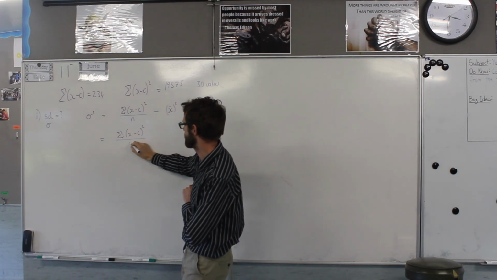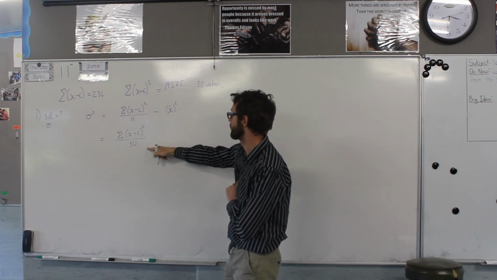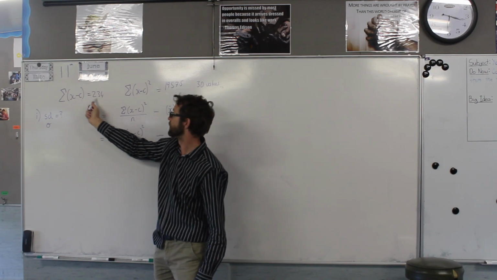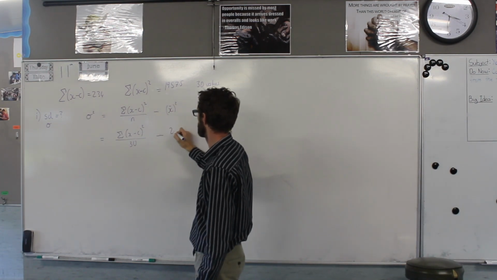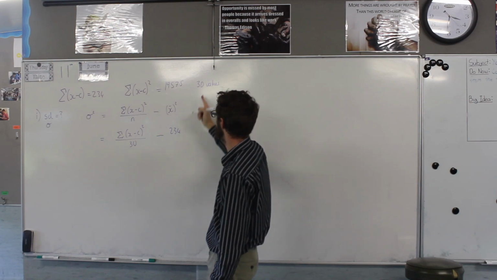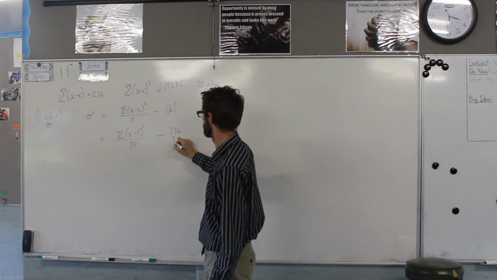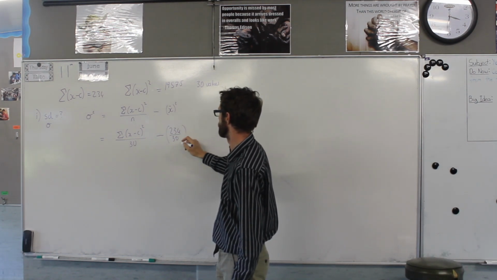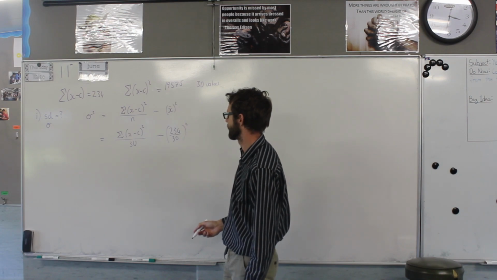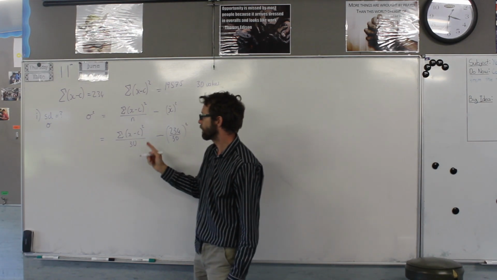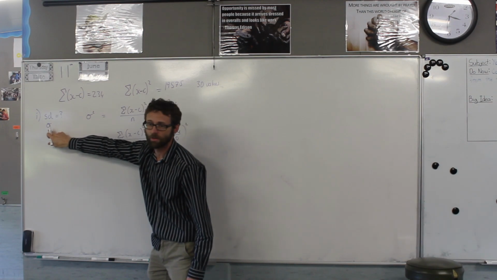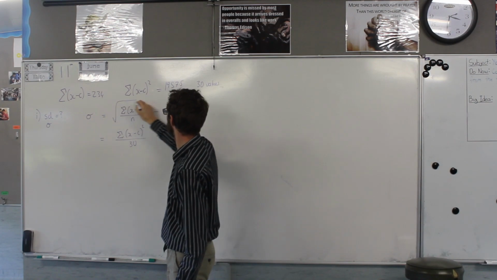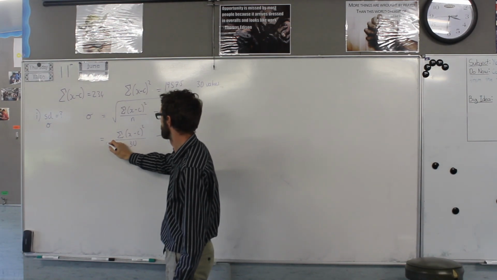We know that n is 30, because we've got 30 values. The mean is the sum of the data, which is this, divided by the number of values. That's how we get a mean, isn't it? Add all the data together and divide it by frequency, and we're going to square that. If we want to get the standard deviation, though, we are going to square root all of this. Does that make sense?